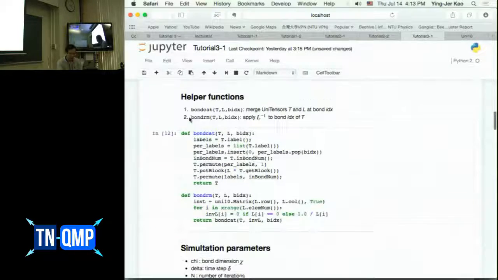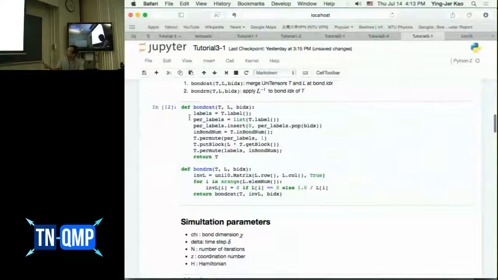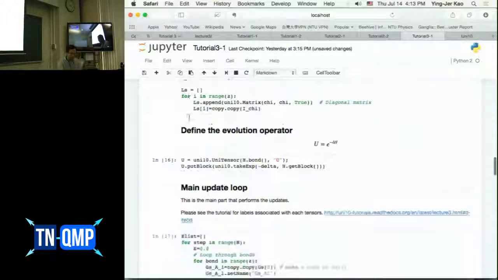Okay. Again, you need a helper function, and with this complication, the manipulation of labels becomes very important: where to insert a label, where to put it. I won't go into the details.